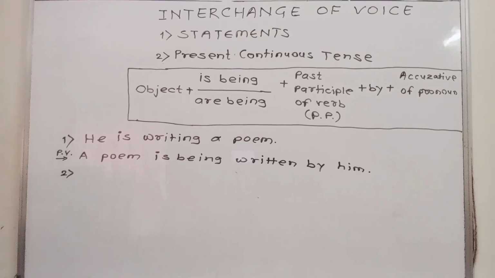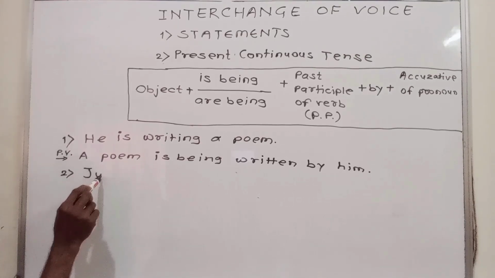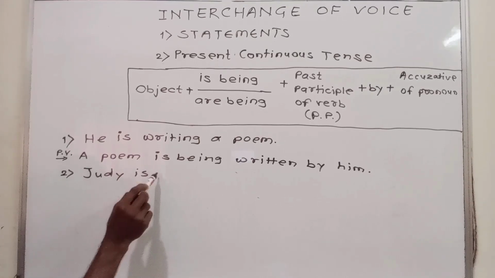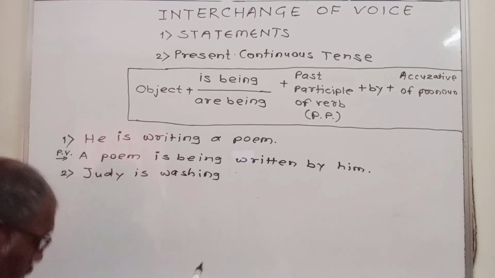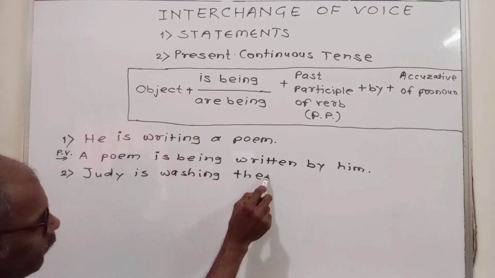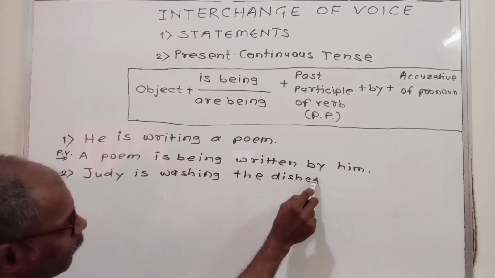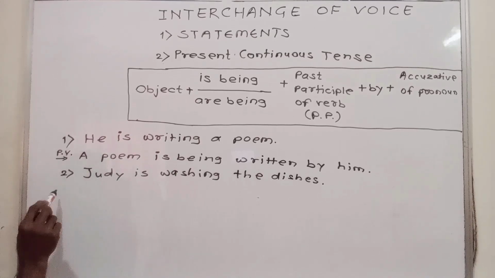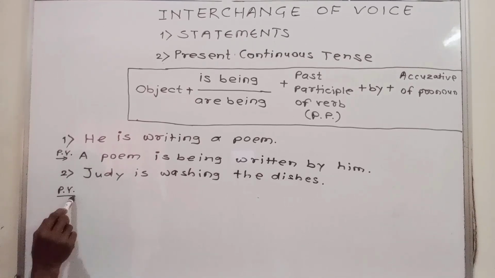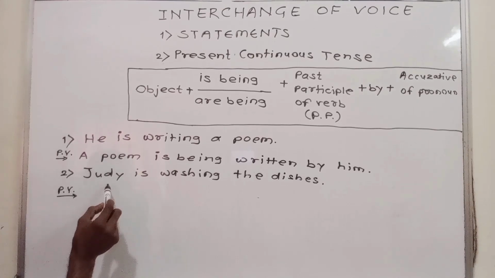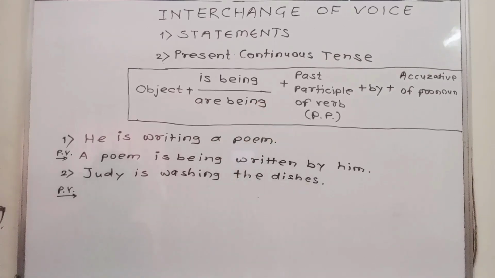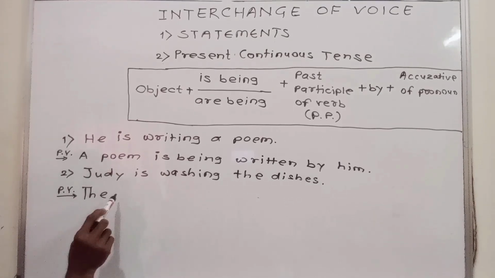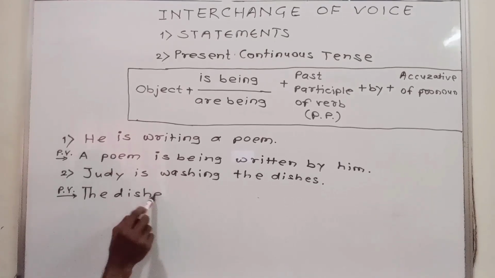Then second: Judy is washing the dishes. Okay. Now passive voice. See here: Judy is the subject, is the auxiliary verb, washing the verb, the dishes the object. So we begin with the object, the dishes.